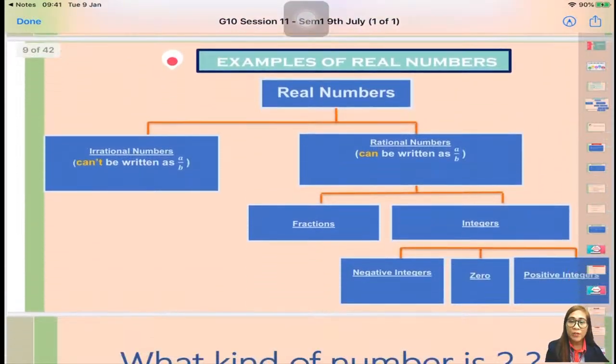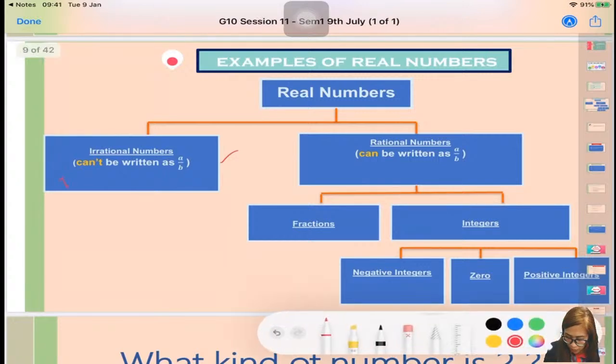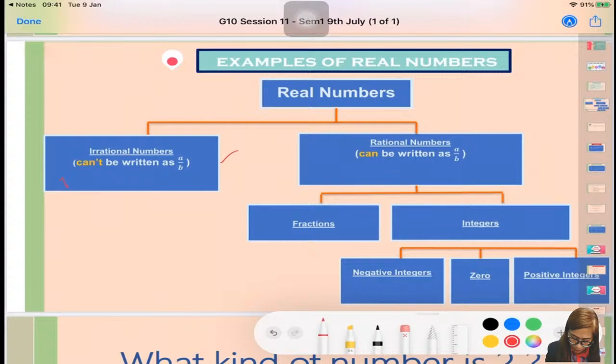For the examples of real numbers, this is the diagram for the real numbers. On this side, students, we have irrational numbers. These are numbers that cannot be written as a fraction or a over b. For example, square root of 3. I'll change the color of the pen to yellow.